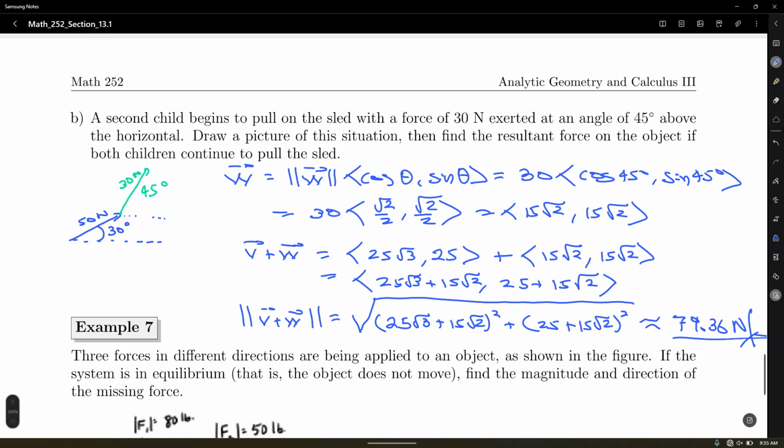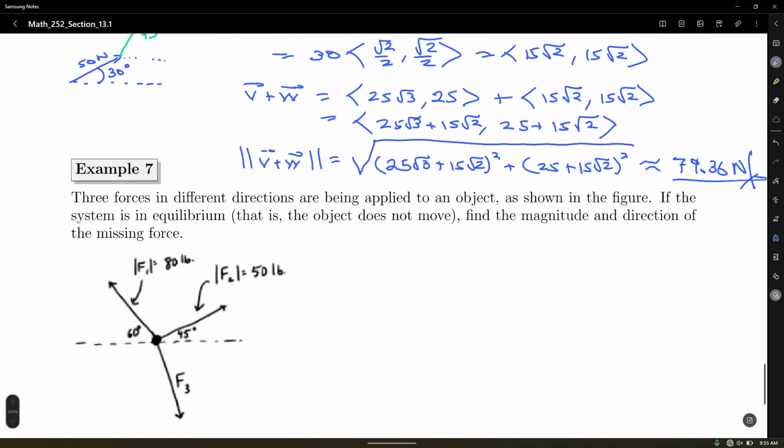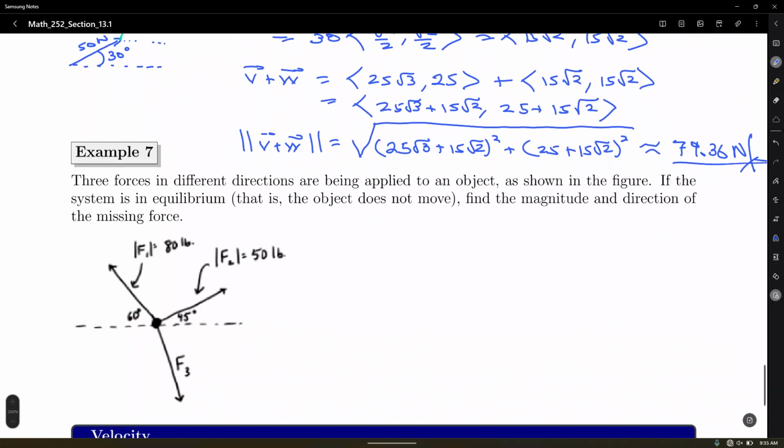Okay, so let's do another example. Three forces in different directions are being applied to an object, as shown in the figure below. If the system is in equilibrium, that is, the object does not move, find the magnitude and the direction of the missing force.